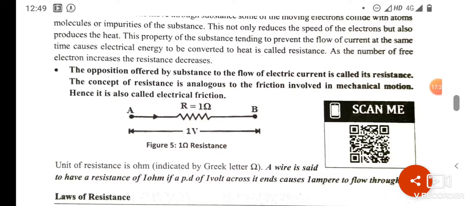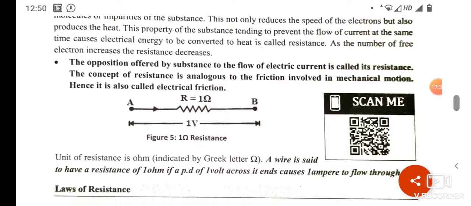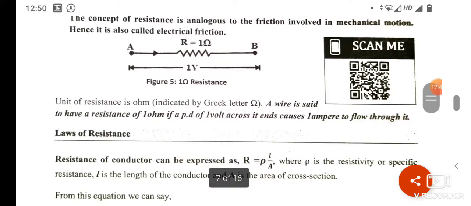Resistance is measured in ohms. Capital R is the symbol. The unit of resistance is ohm. Actually, it is omega, but it is written as ohm in remembrance of the scientist George Simon Ohm.